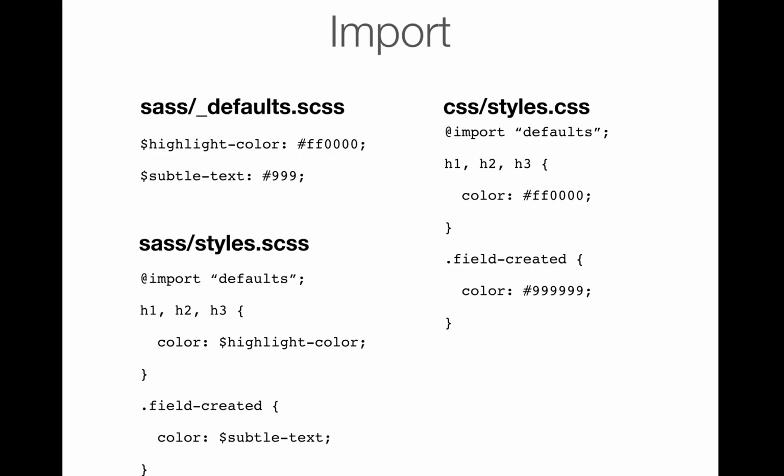Then further down in your SCSS file, you can use the variables and the mixins that were defined in the defaults file. I really recommend setting up your project like this, especially if in the past you've used multiple CSS files and you want to keep structuring your files the same way. This will let you do that, and you'll just have this extra file for the defaults to set up the variables and the mixins.